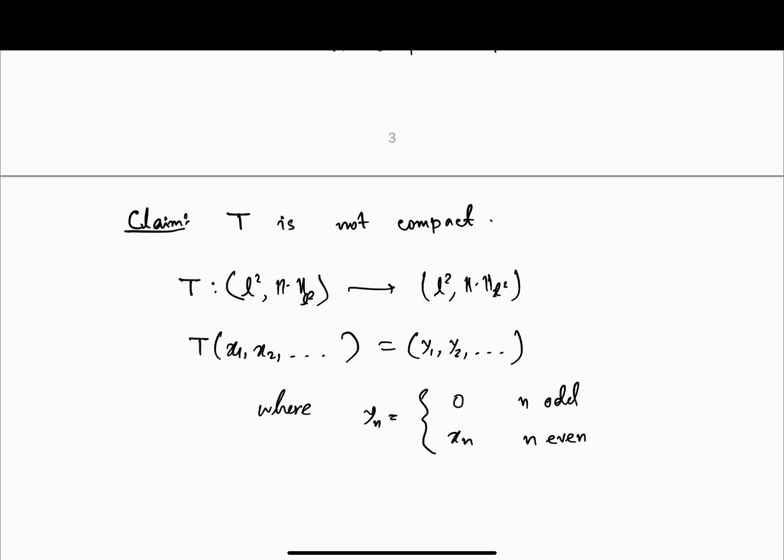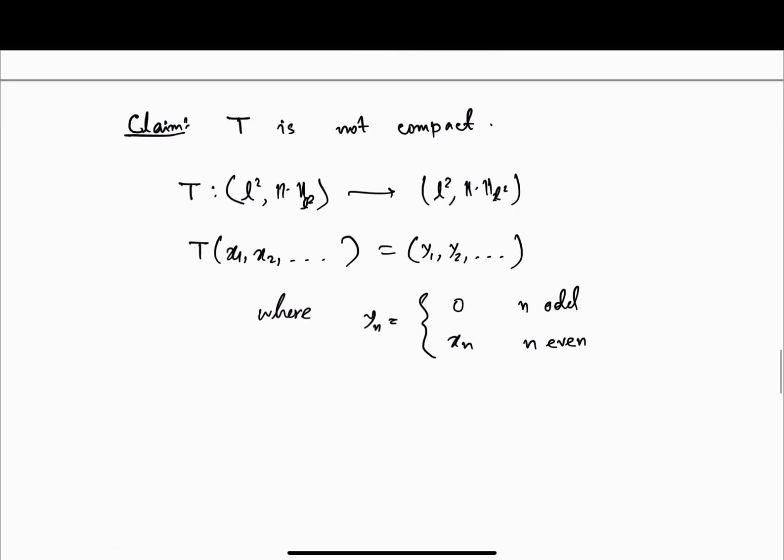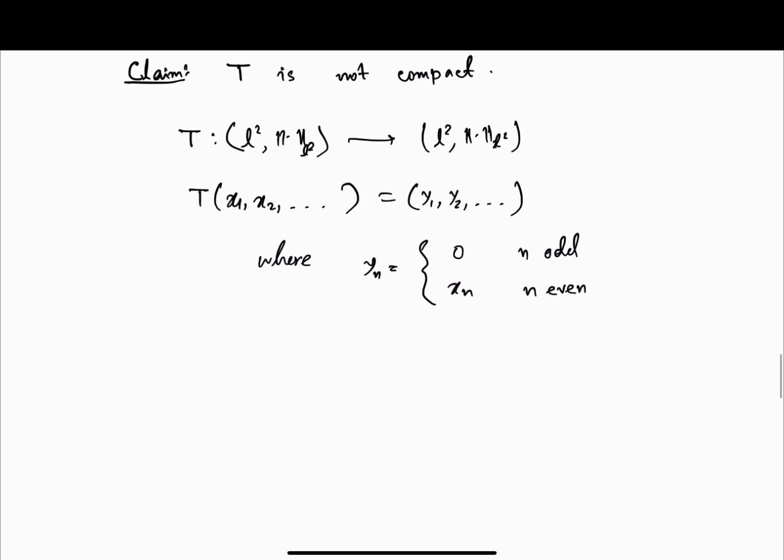So if you take any sequence, it will send it to 0 in the odd places, and it will be xn for the nth places that are even.